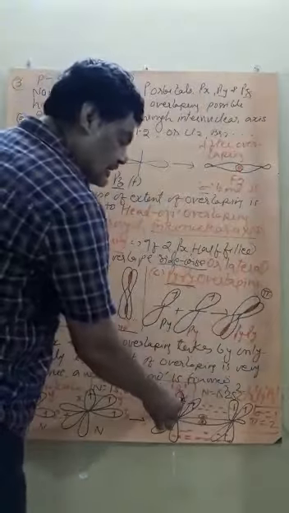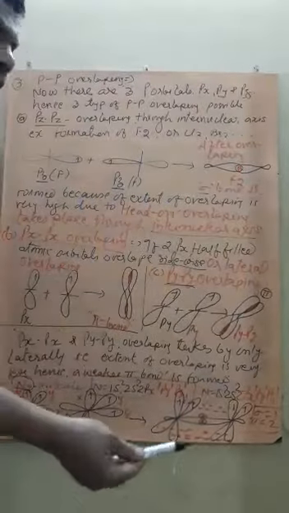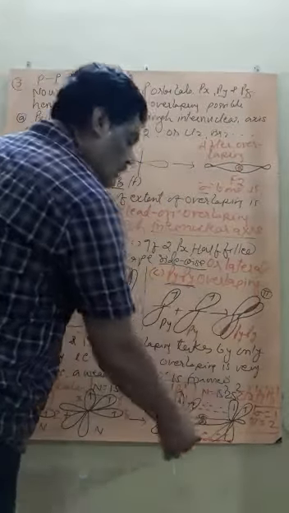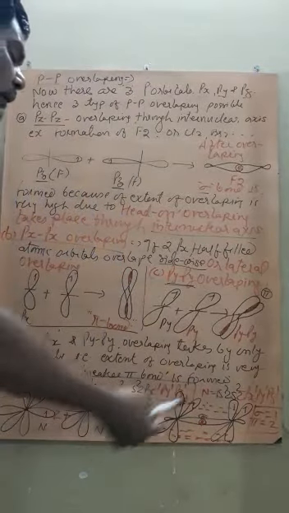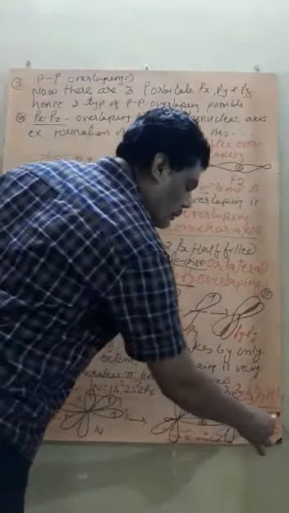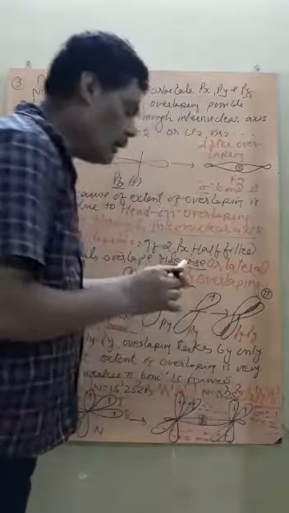Therefore, the extent of overlapping is very low. Thus, a weaker covalent bond is formed. Thus, overall, in the formation of the nitrogen molecule, one sigma bond and two pi bonds will form.